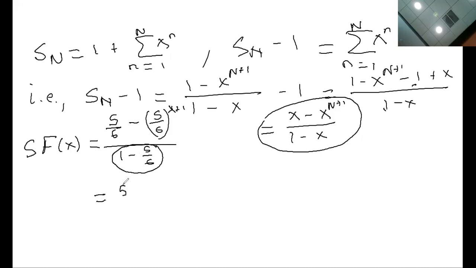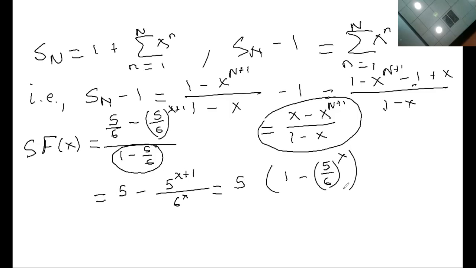So it will be 5 minus 5 x plus 1 divided by 6x, which we can write again as 5 times 1 minus 5 over 6 x.